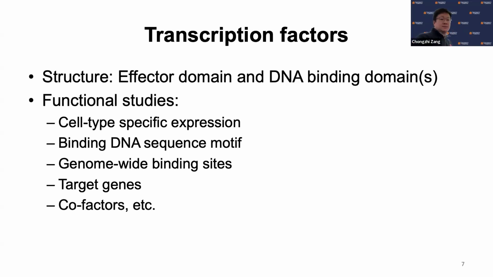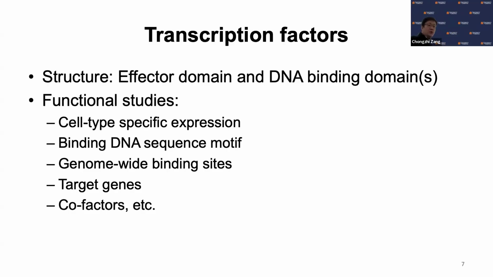One of the most important questions is what specific type of DNA sequence or DNA sequence structure this transcription factor can interact with, or the TF can bind. With or without knowing the specific DNA structure they interact with, we want to know where across the entire genome this transcription factor binds. So genome-wide binding sites is also an important task.